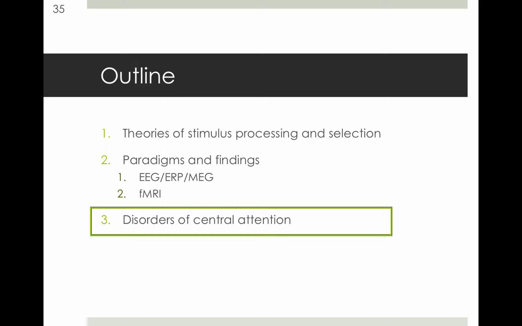But what I'm talking about right now is some disorders of central attention, mainly due to a brain injury or tumor or some kind of brain trauma that results in a profound inability to pay attention to stimuli. So we're not just talking about people who have trouble focusing, but about some neurological problems that are much more pervasive. And the first of those is neglect.